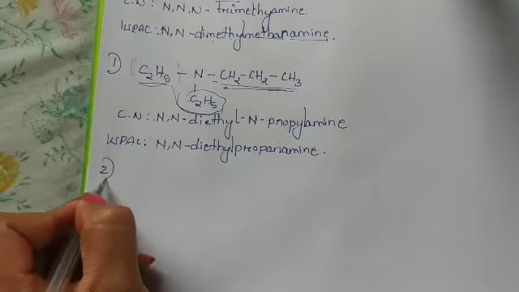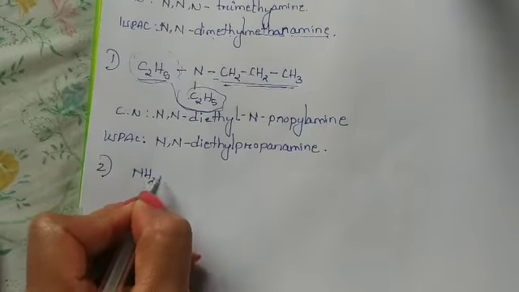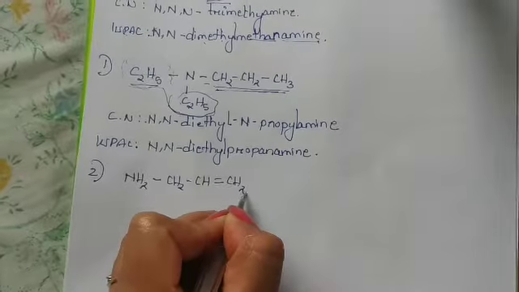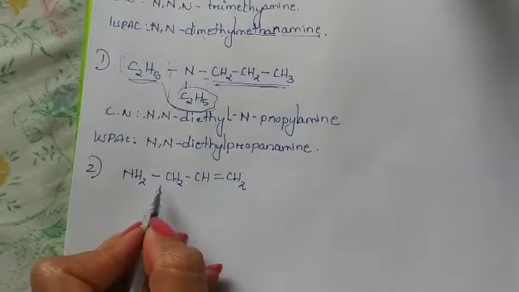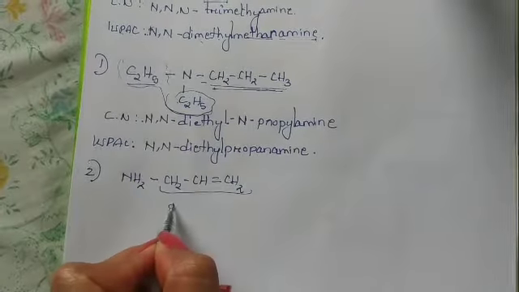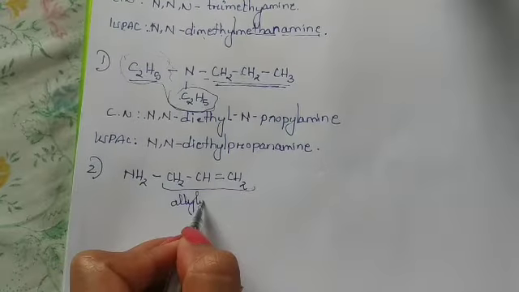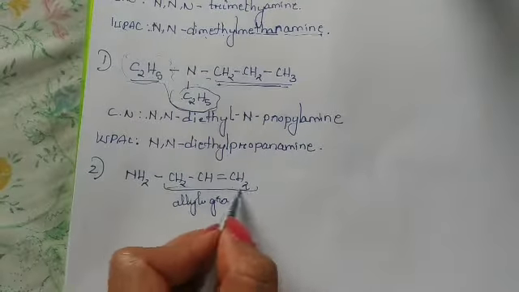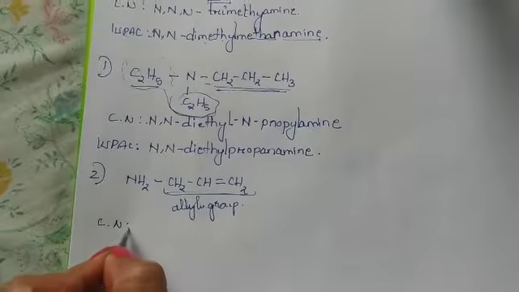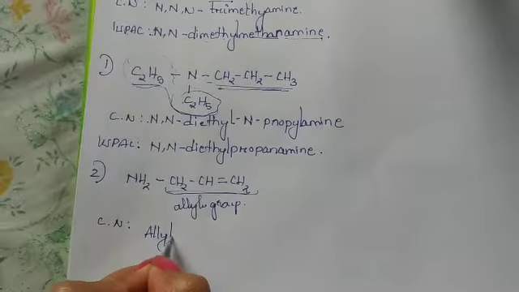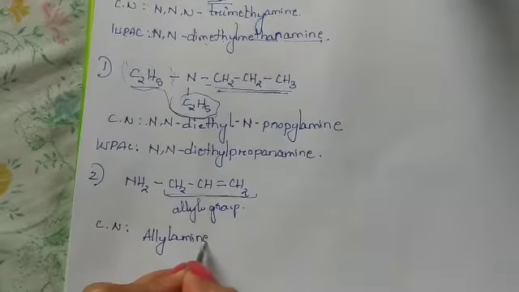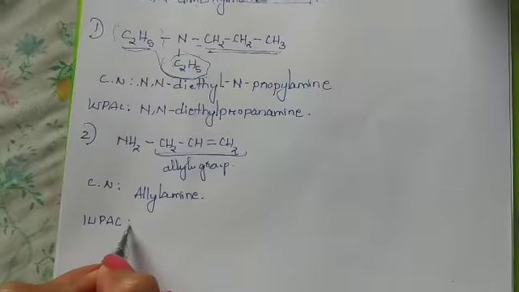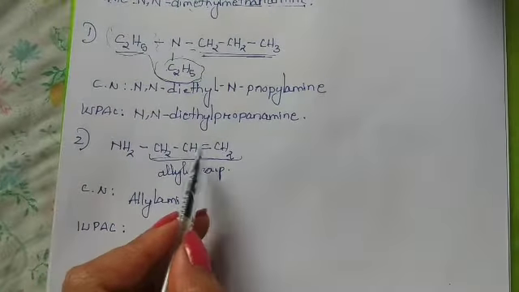Now the second example, NH2CH2CH=CH2. Now in this example we have an allyl group, therefore the common name will be allylamine, and then the IUPAC name will be prop, three carbon atoms.